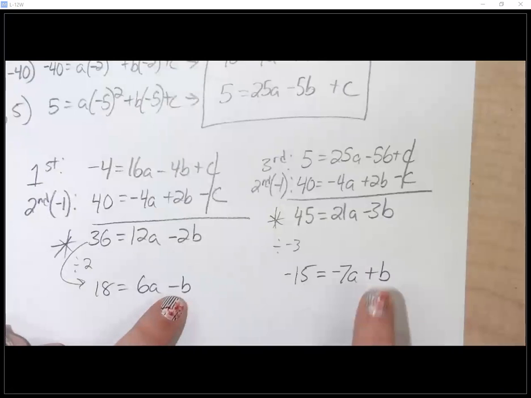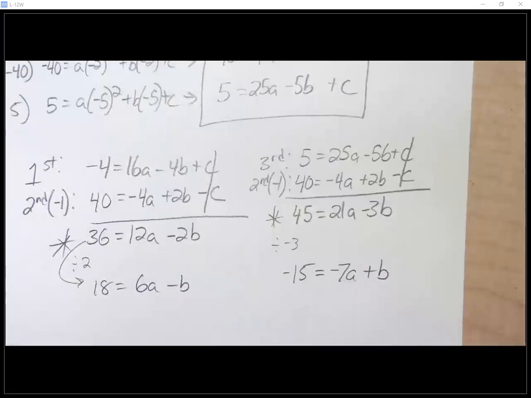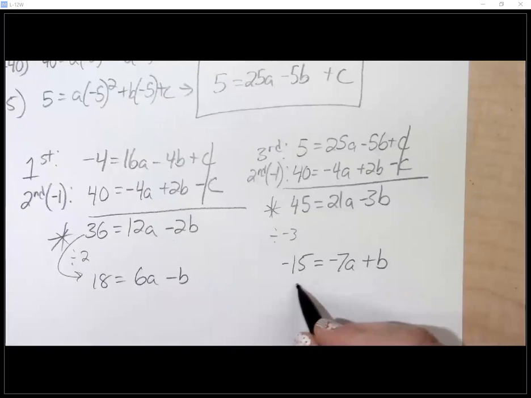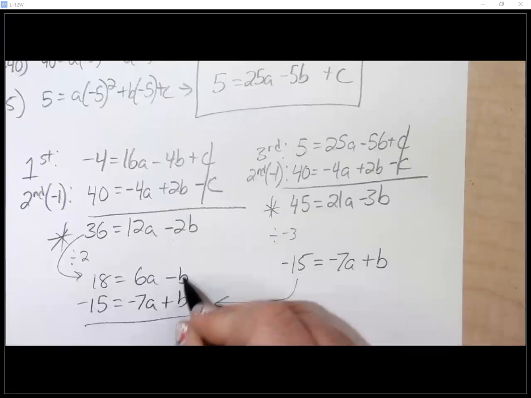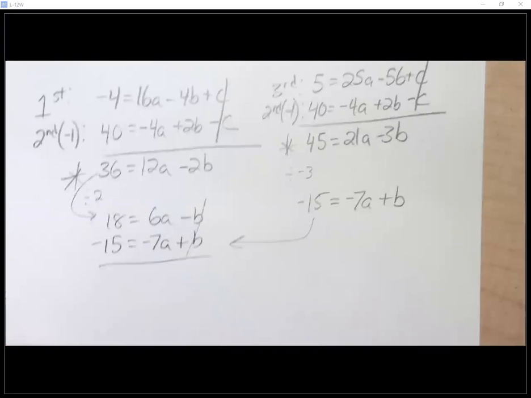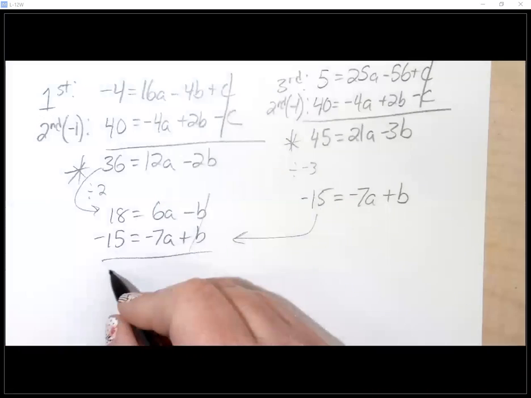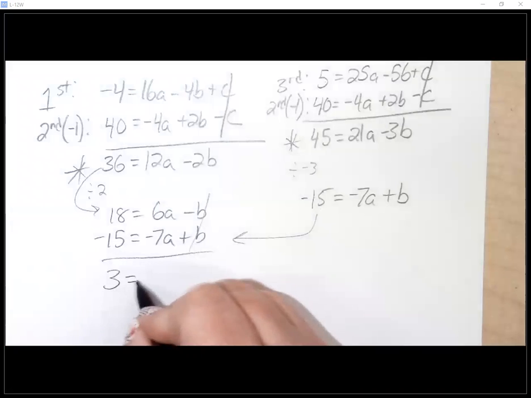So I'm glad that I did that because now I don't have to multiply anybody by anything. So let me just rewrite that second equation under here so I can add them together. Negative 7a plus b. See how those b's cancel? Hooray! And now I'm just left with 3 equals negative a, which means that a is negative 3.